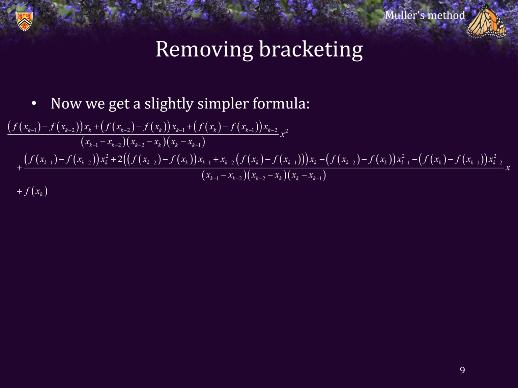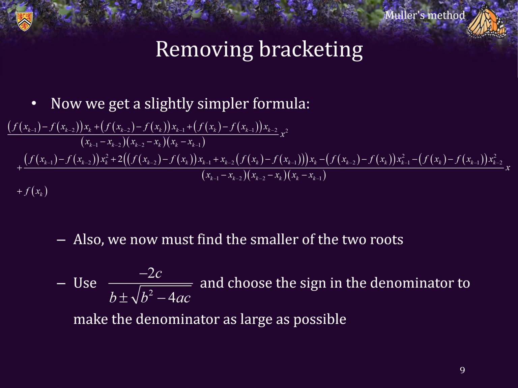Now, in some sense here, we now get a slightly simpler formula. Note that the denominators are the same for the coefficient of x squared and the coefficient of x, and c is just the value of the function at x sub k, the most recent approximation of the root. We also know now that we want to find the smallest of the two roots in absolute value.